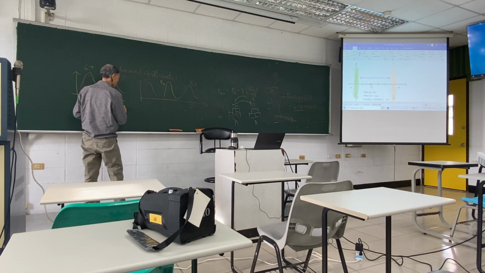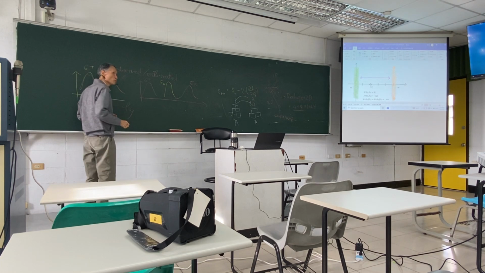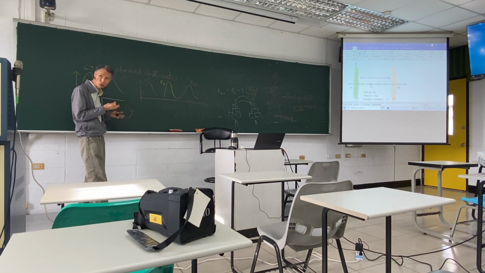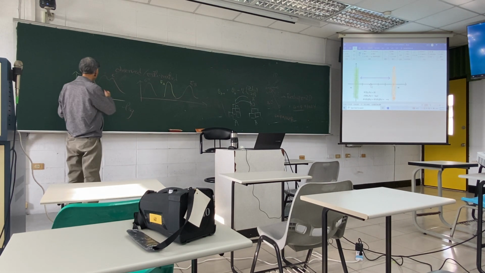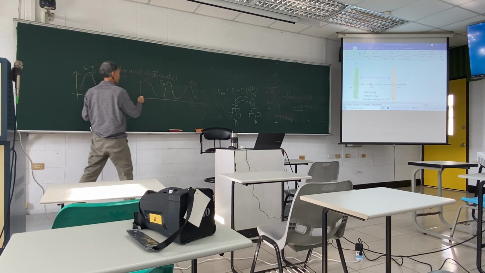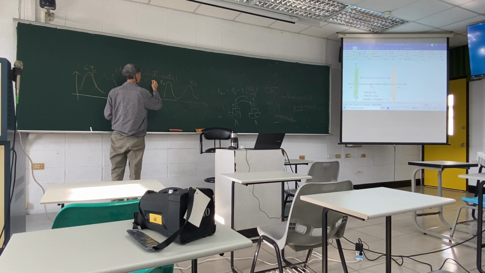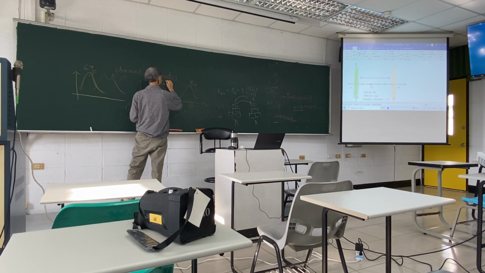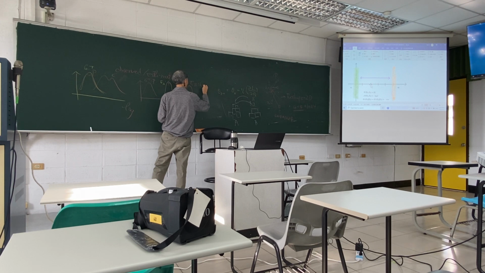Now, if we measure by the KL divergence or entropy, let me call this P, and the distributions F1 and F2.